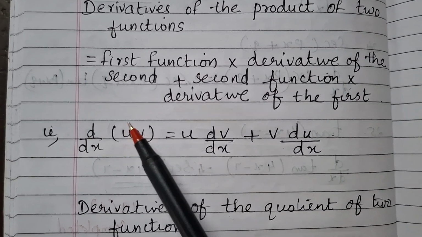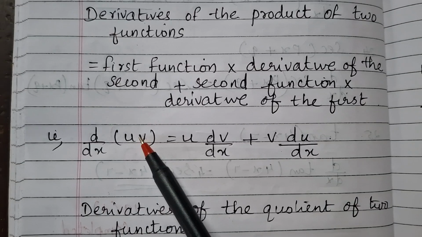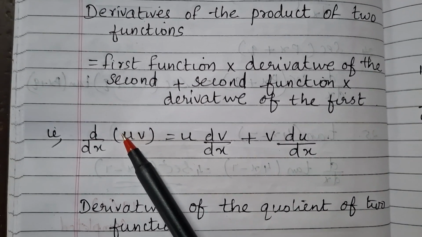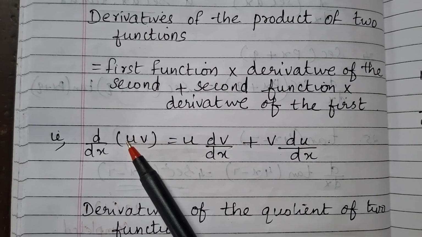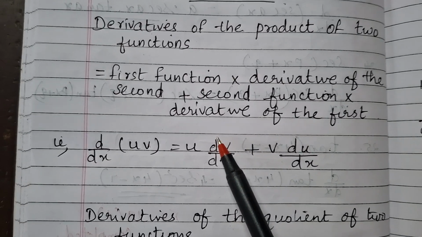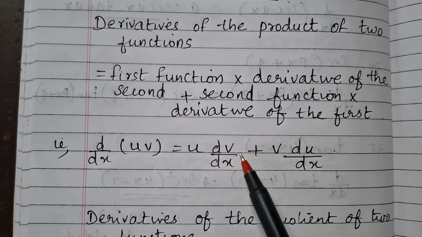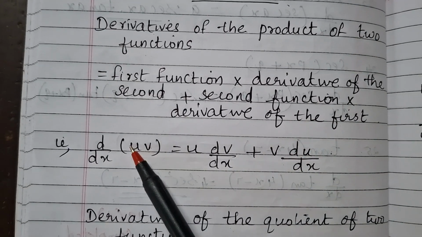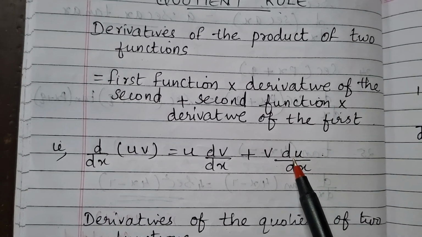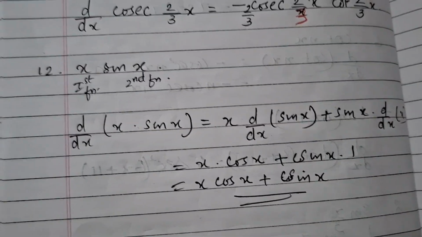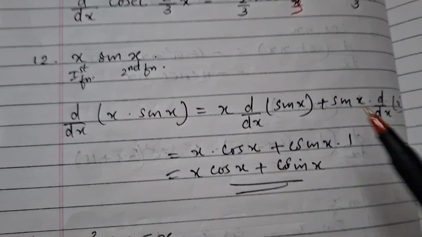So first function into derivative of the second plus second function into derivative of the first. This is known as the product rule. After that we will discuss the quotient rule. So in question number 12 we are using this method.